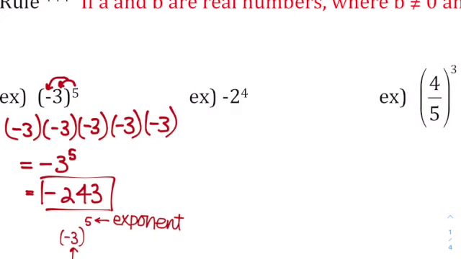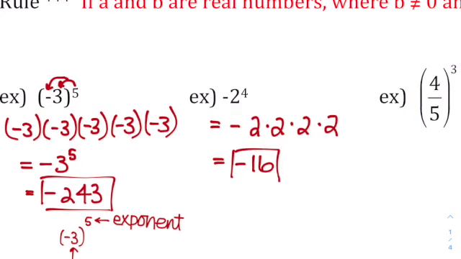So in this case, the problem really comes down to -2 times 2 times 2 times 2. The 4 is the exponent on the base 2, so therefore the 2 is going to be multiplied 4 times, so it's -16, and that is the answer.